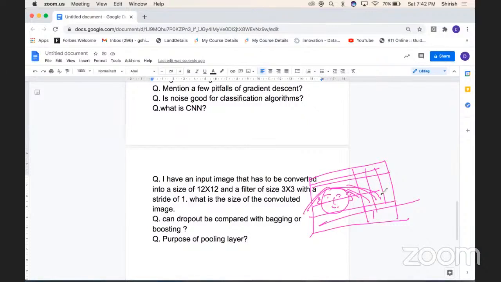Invariance means tilted, in normal understanding. This particular layer would recognize the object. So translation has a specific meaning, right? It has a specific meaning.